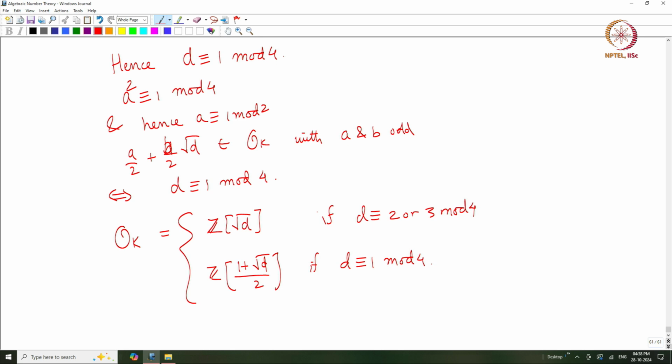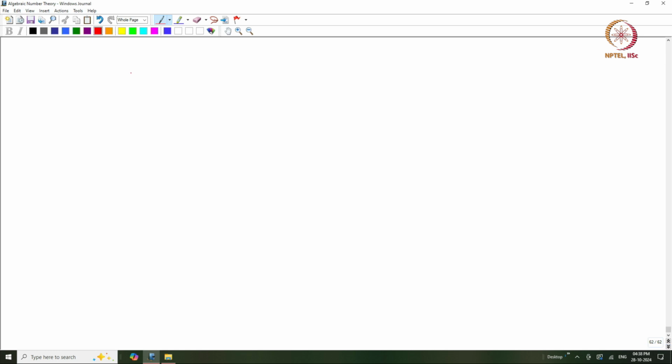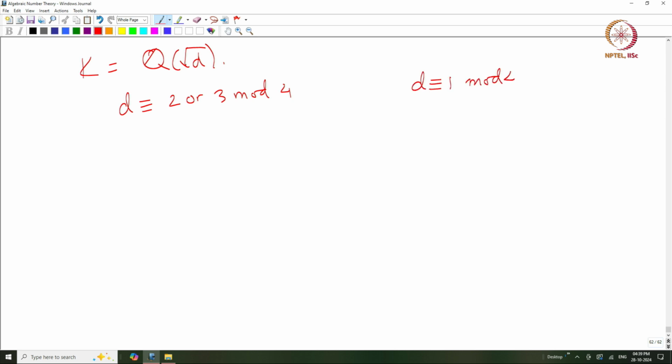And now we can also compute the discriminant. So, what is d_K? Right. So, let us assume first that K is Q square root of d, and as before d is a square free integer. So, let us take two cases. So, d is congruent to 2 or 3 mod 4 and d is congruent to 1 mod 4.